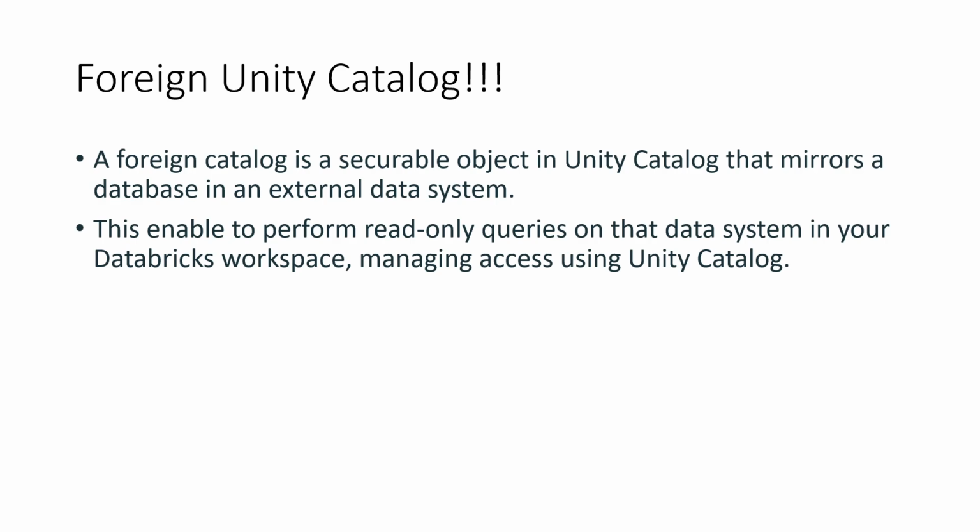It helps you create an external connection for the external data source, and then it allows you to create the catalog for those external data sources. It is a securable object which mirrors the database in an external data system. This enables you to perform read-only queries on that data system in your Databricks workspace, managing access through Unity Catalog. Using this, we can also take the benefits of all the Unity Catalog features, which we will see further in the demo.